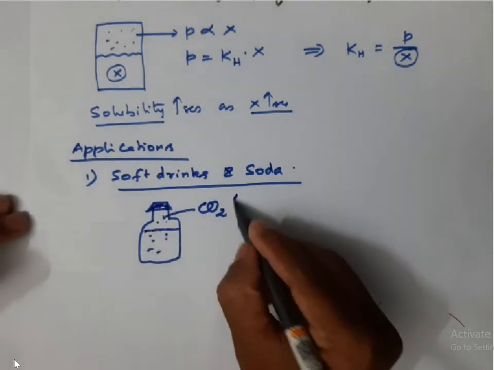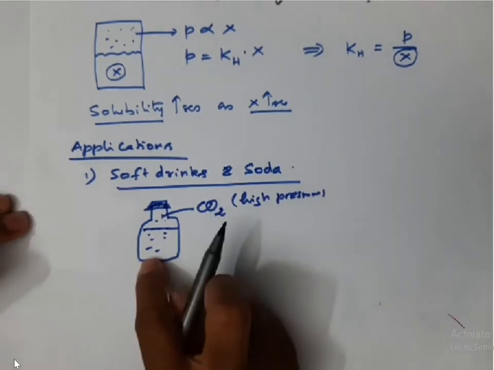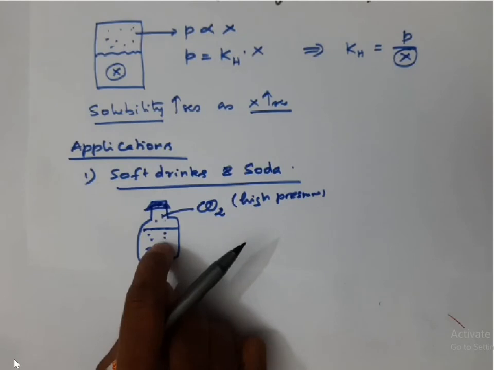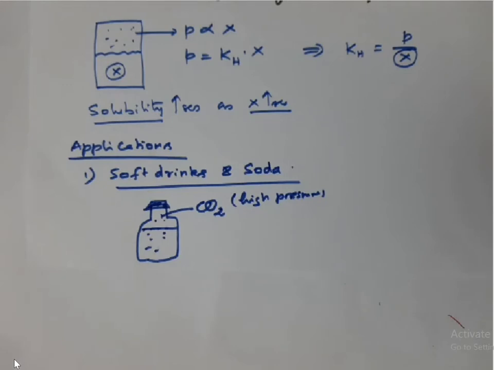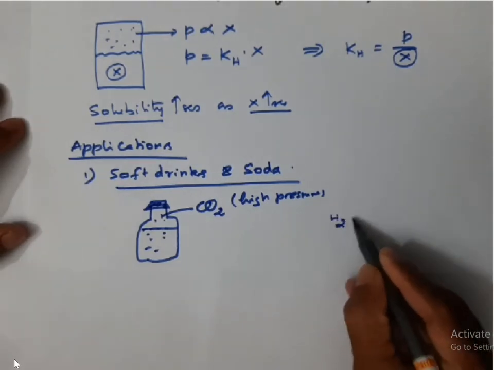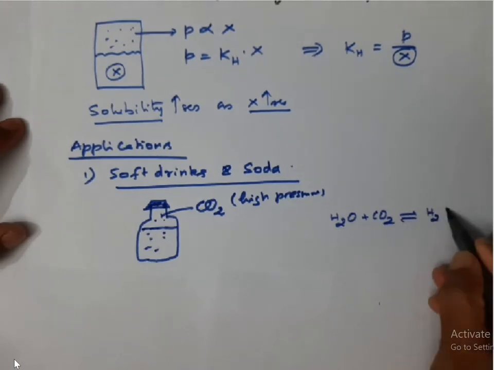Why under high pressure? The reason is to make CO2 dissolve more in the liquid phase. Under high pressure, the solubility of CO2 increases. Therefore, you will get more dissolved gas in the liquid phase. As you all know, dissolved CO2 in water will give a compound called carbonic acid.